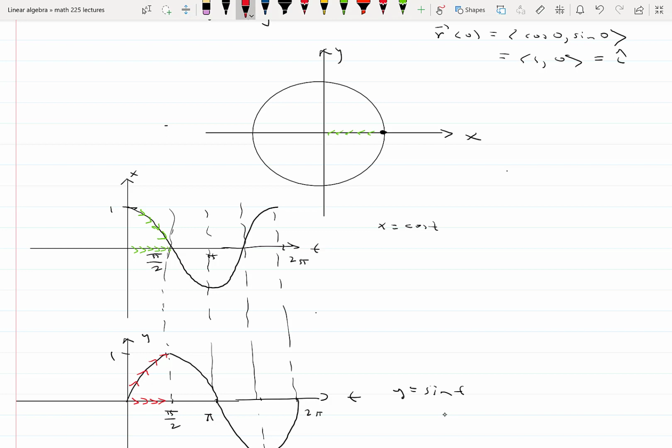Now I've drawn these little arrows along the x and y axes, but the particle's on the curve. If this is a particle moving along the curve, the only way the x can go from 1 to 0 and the y goes from 0 to 1 is if we trace the curve in the counterclockwise direction.